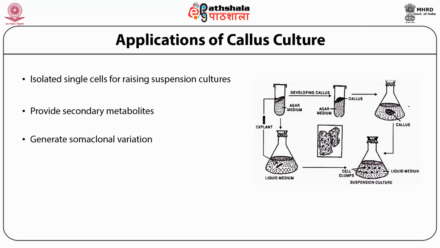You treat them with mutagens, and then the plants arising out of it might be resistant to fusarium. But then, of course, this is another area of research, and many somaclones of commercial importance have been released. This also provides a very good system for studying morphological and physiological studies.